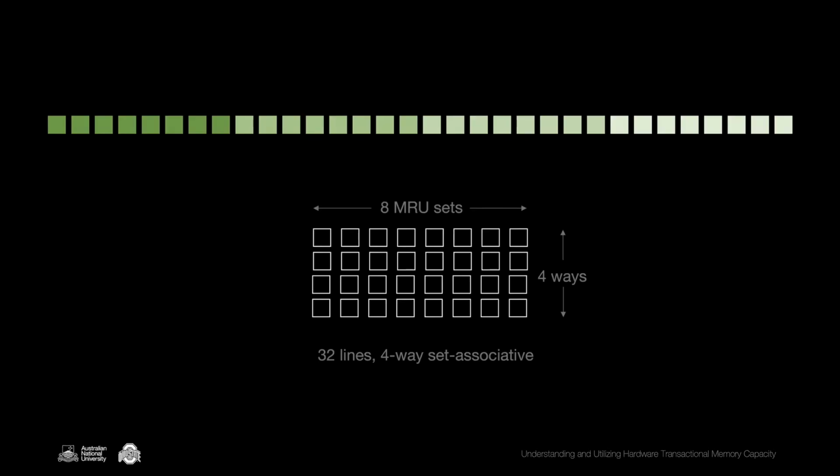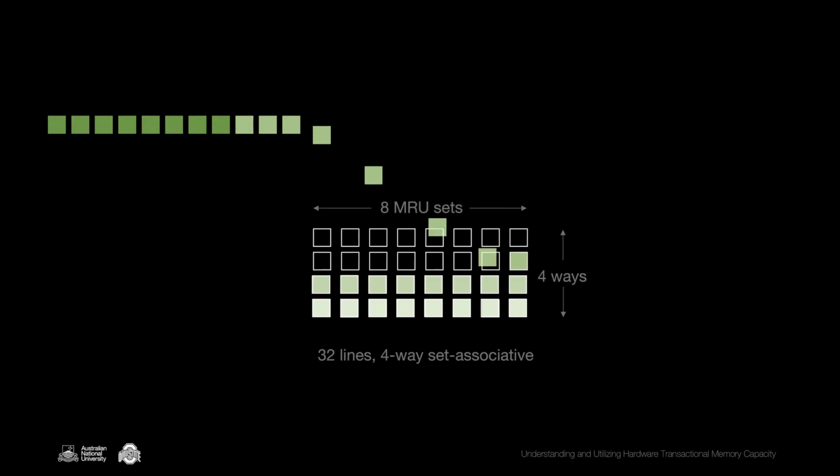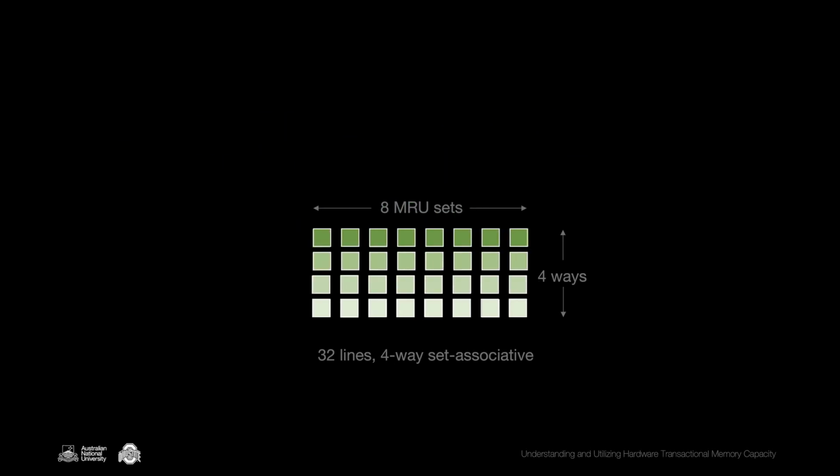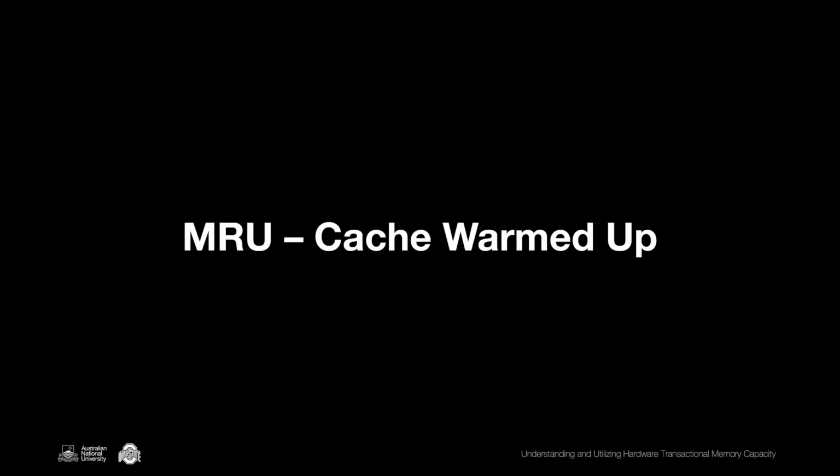We have just seen that MRU with a full cache is problematic, but what if we start with an empty cache? The situation is now much better because no eviction is required during the transaction, and we will get read capacity roughly the same as the cache size.